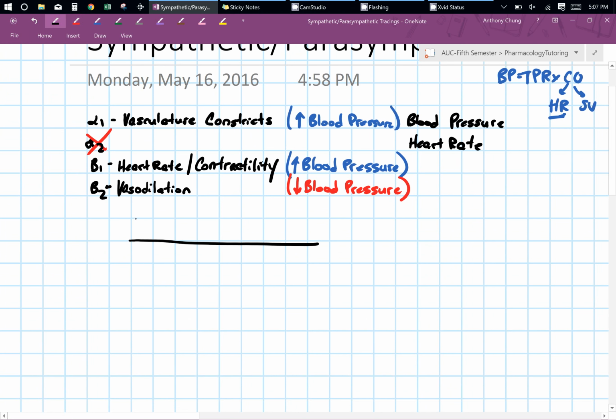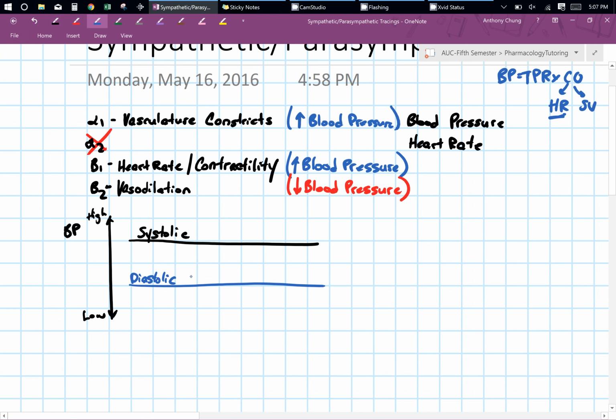I'm going to put a y-axis over here, and this is going to be blood pressure. This is going to be high blood pressure, and this is going to be low, like that. There are two parts of blood pressure: a systolic part and a diastolic part. And these two are affected by alpha 1 and beta 2 in different ways.